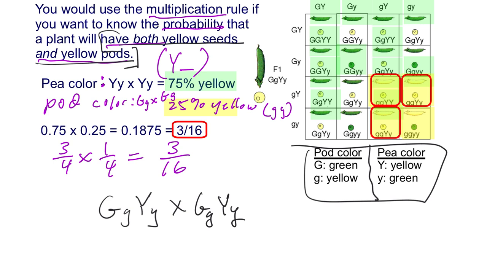We're looking at yellow seeds. So if you have yellow seeds, it would be big Y, or big Y, little y, right? So I'm going to just put big Y, slash. And also I want yellow pods. Yellow pods would have to be 2 little g's, because you're not going to get yellow unless you have 2 recessive genes together.